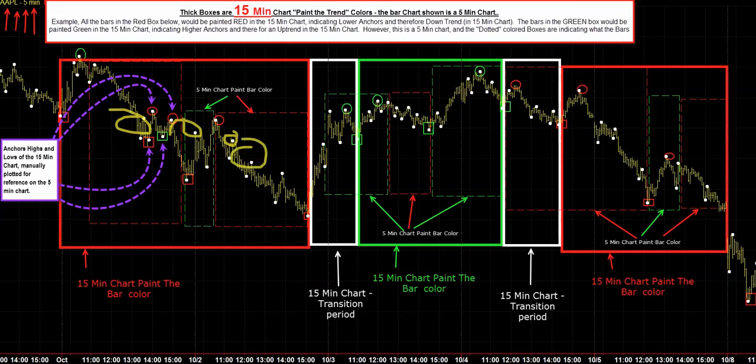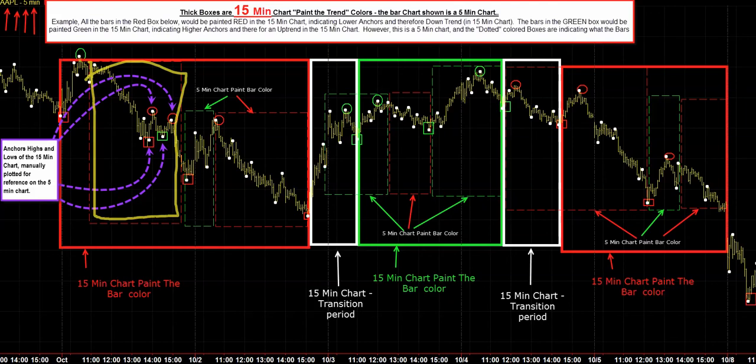But we don't know what color these are, because unfortunately the platform is not conducive to going backwards in time to check. But I've marked the color of what would be in the 5-minute chart. So this would be green, red.